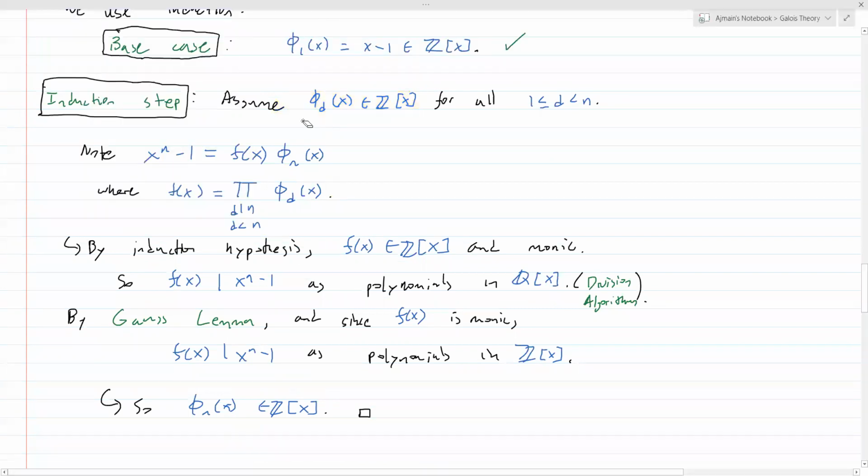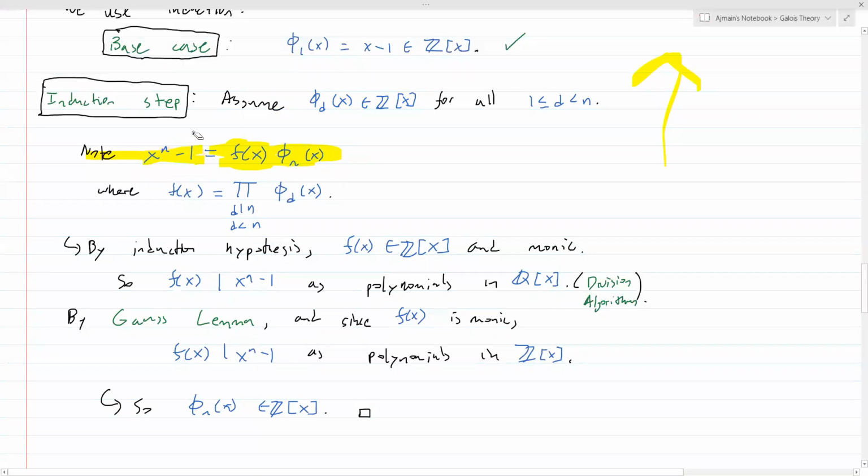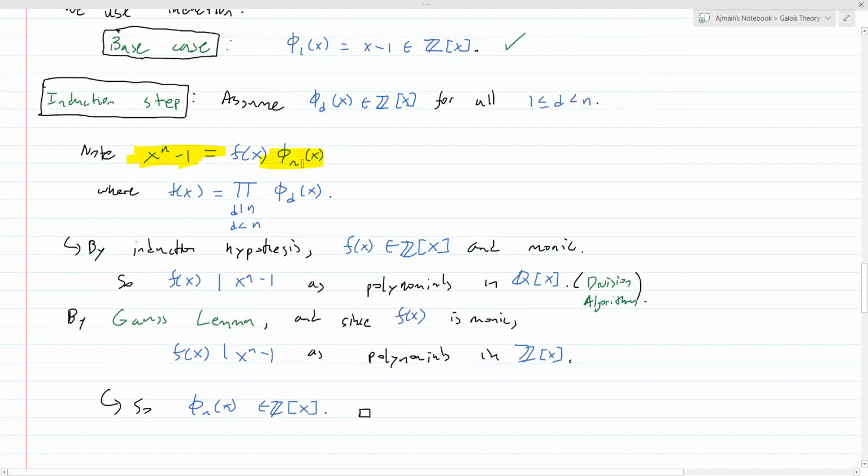So like I showed in the examples above, x to the n minus 1 is a product of a bunch of cyclotomic polynomials, the dth cyclotomic polynomials where d divides n.